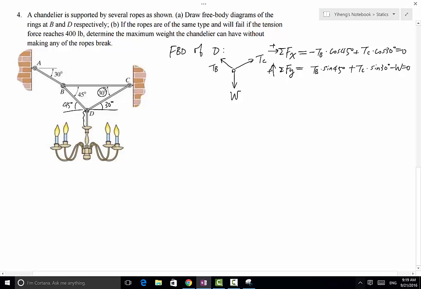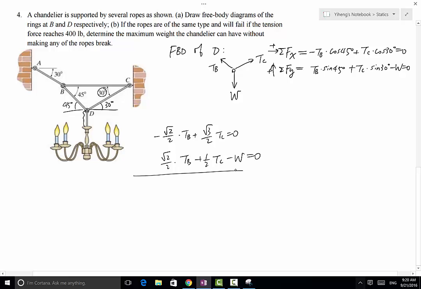I'm just going to do a little sketchy calculation here. I have square root of 2 over 2 times TB plus square root of 3 over 2 times TC equals 0, and then I have square root of 2 over 2 times TB plus 1/2 TC minus W equals 0.